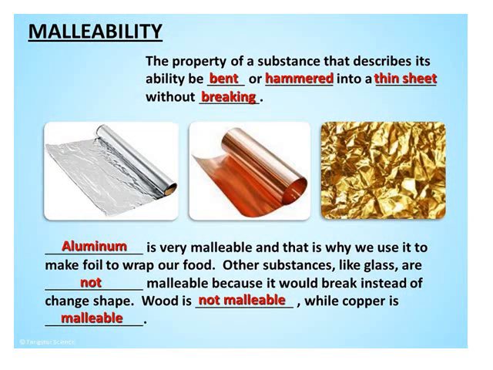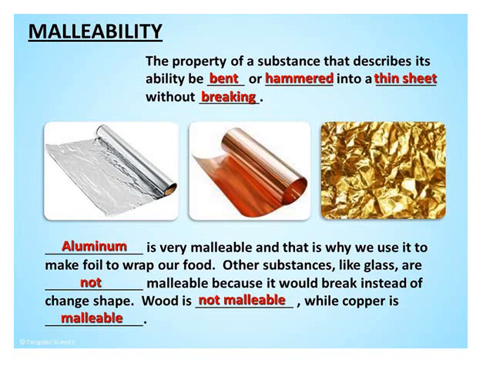Now, let us see the property called malleability. What is malleability? The property of a substance that describes its ability to be bent or hammered into a thin sheet without breaking is called malleability. So if you beat a metal or hammer a metal, and if you can produce thin sheets, then that property is called malleability.